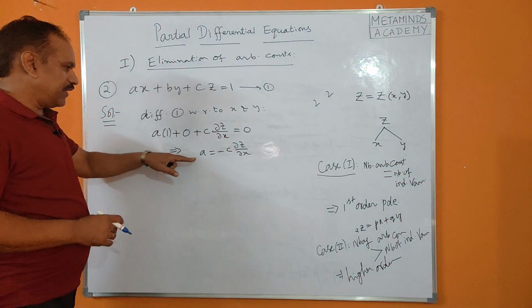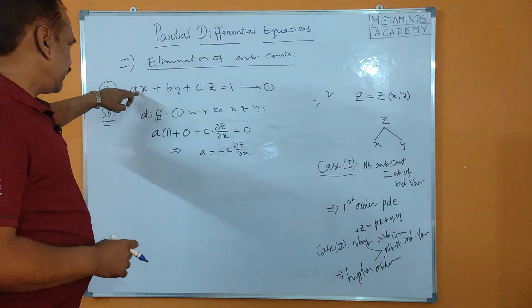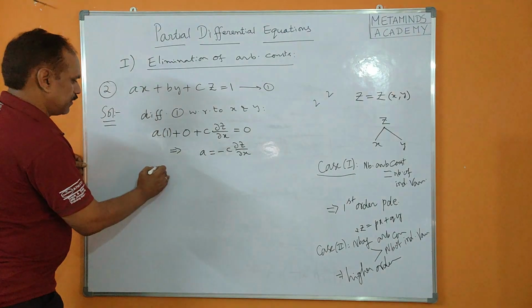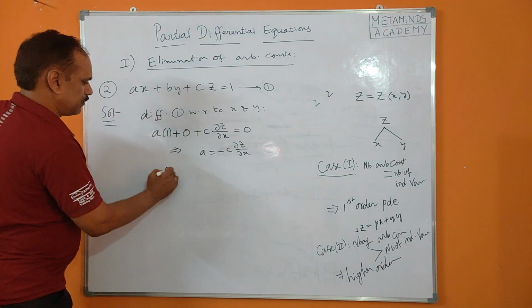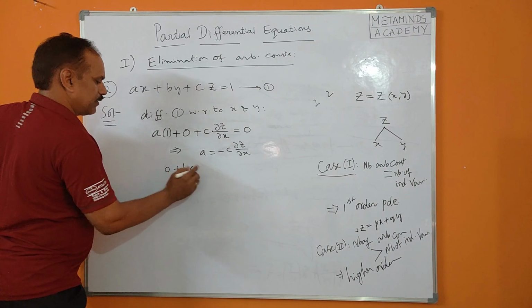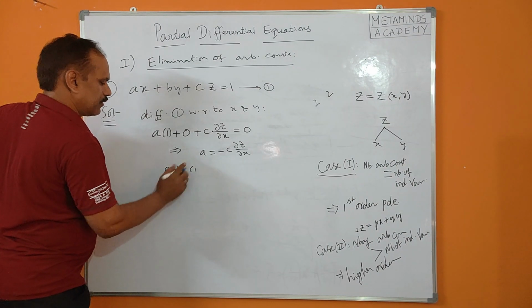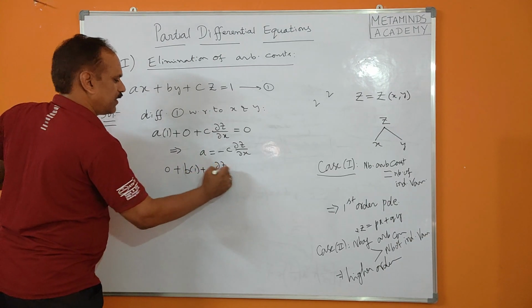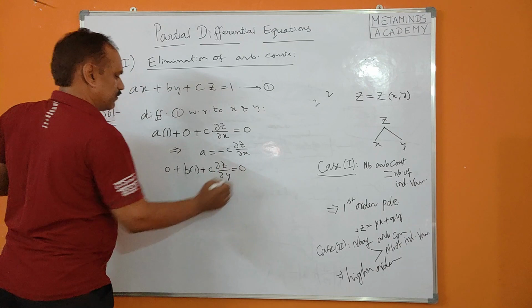So that is how, even though you differentiate this another time with respect to y, what you will get? Here you will get 0, a into 0, b into 1, plus c into dou z by dou y equal to 0.